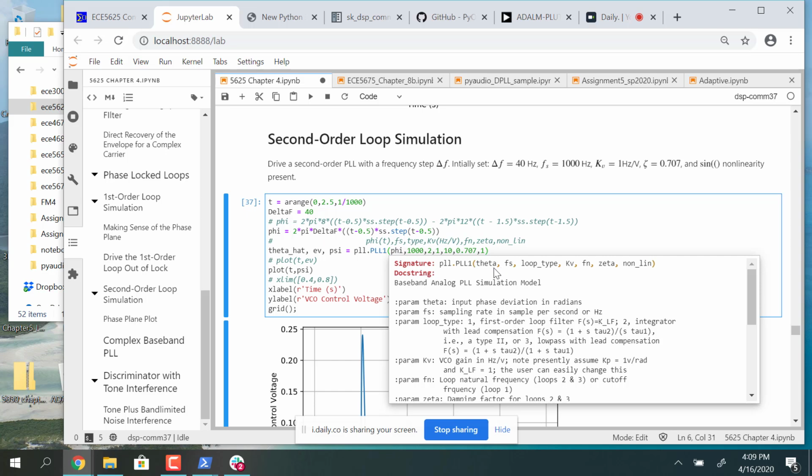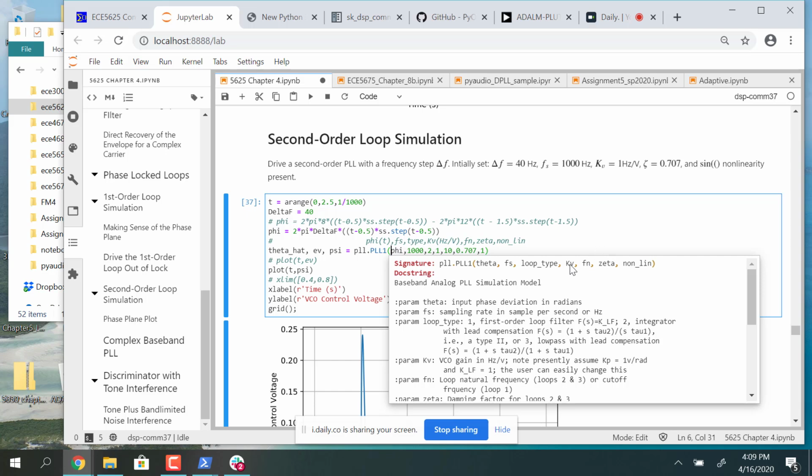Theta is just the notation when I wrote this, and to match our book, it's phi. Put in a sampling frequency, which should be at least 10 times more than the highest frequency, or well above that, so I'm putting in 1,000 hertz. I'm putting in the loop type, so when I set loop type equal to 2, I get the integrator with lead compensation, which is the one we were just talking about.